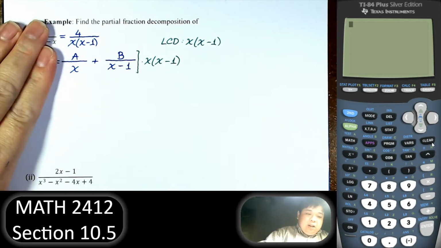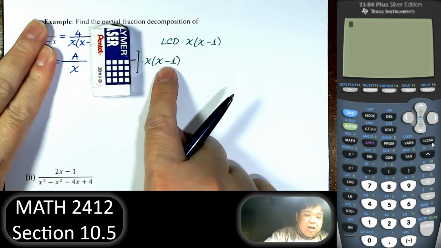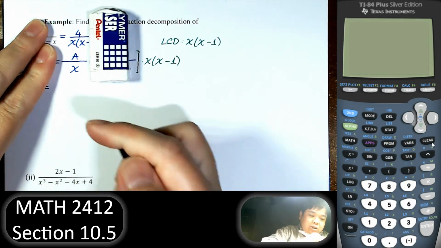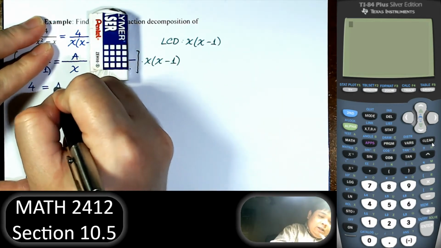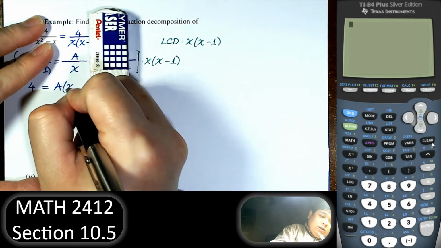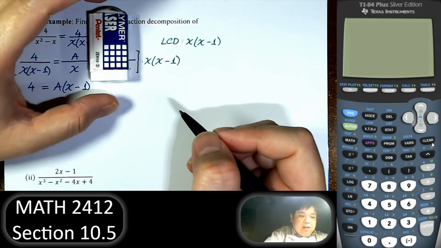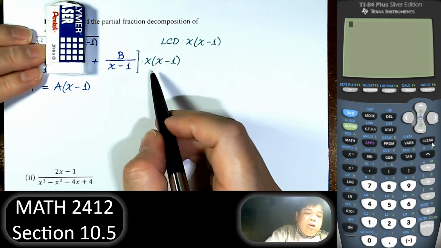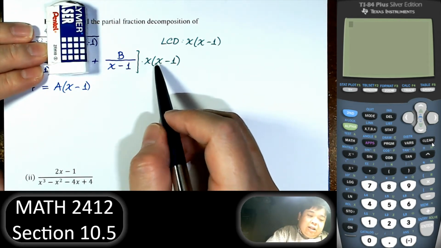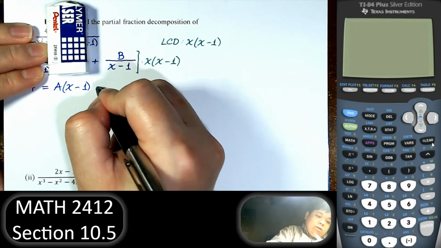And multiply this, a over x times that, the x and the x cancel out. We have a times x minus 1. And now multiply this by x times x minus 1, x minus 1 cancels. We have bx.